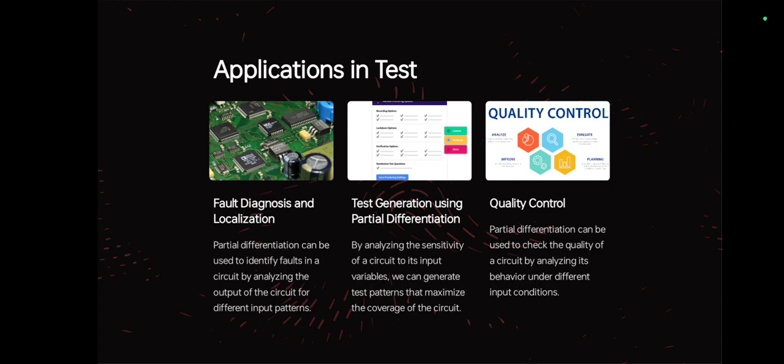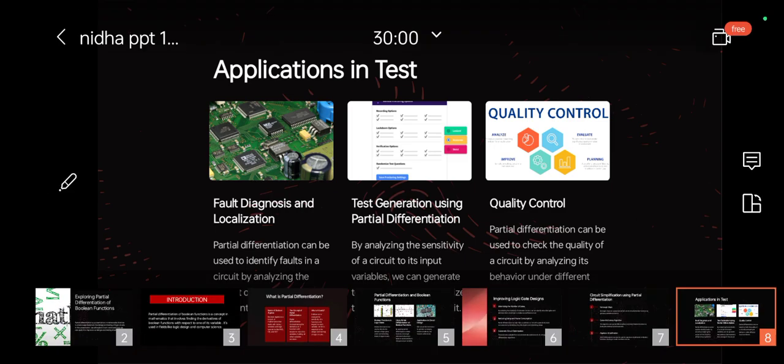This can be helpful in various applications, such as optimization problems, physics, economics, and engineering. By understanding the behavior of a function in different directions, we can gain insights into its properties and make informed decisions. While partial differentiation may not be directly applicable to circuit simplification, it remains a powerful tool in many other mathematical contexts.